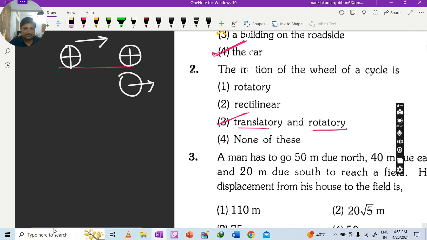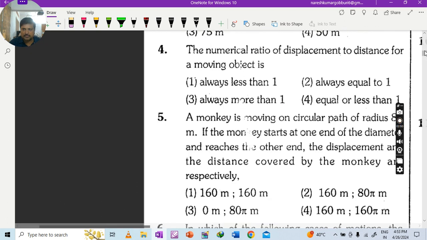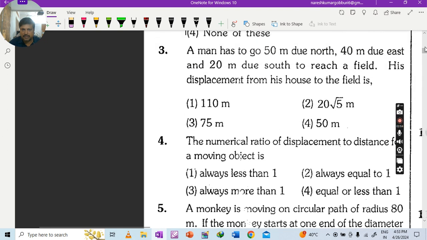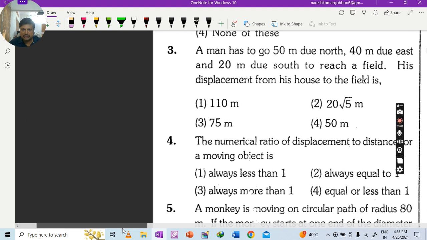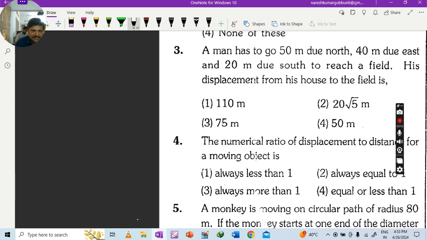Next, the third question. A man has to go 50 meter due north, 40 meter due east, and 20 meter due south to reach a field. His displacement from his house to the field is? Just imagine this is the house.